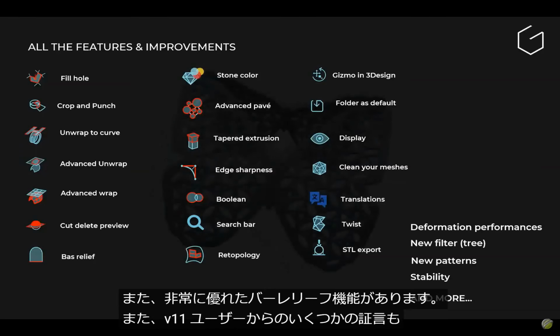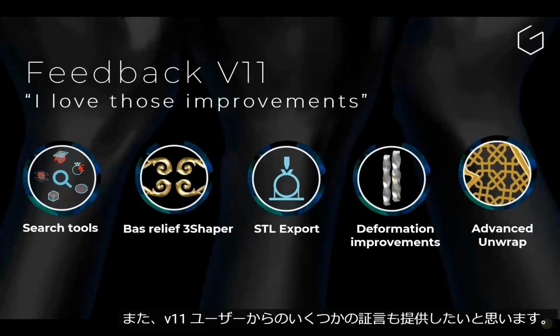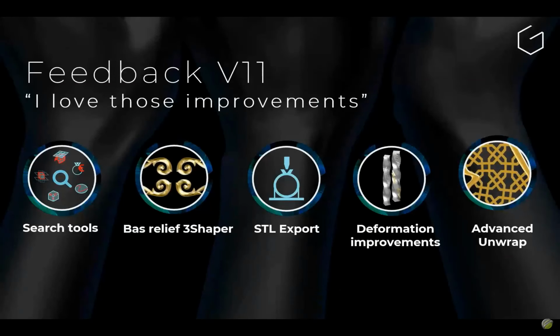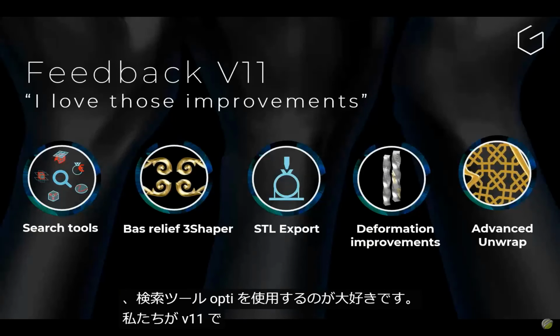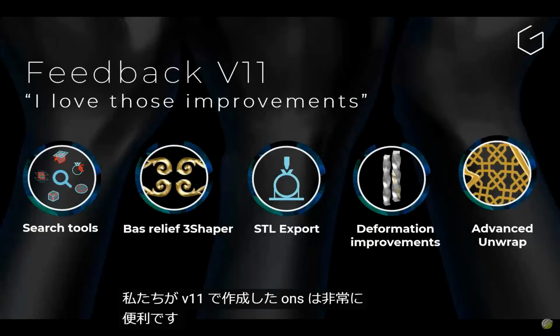I also wanted to provide you some testimonials we have already received from our V11 users. They are really happy and they love the search tool options we created in V11, which is really, really useful.